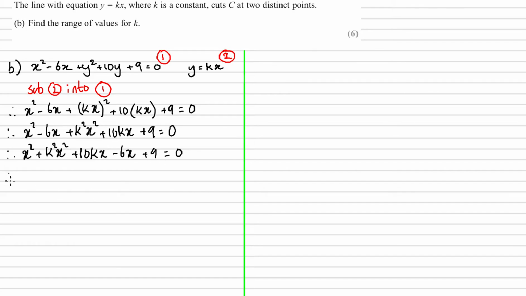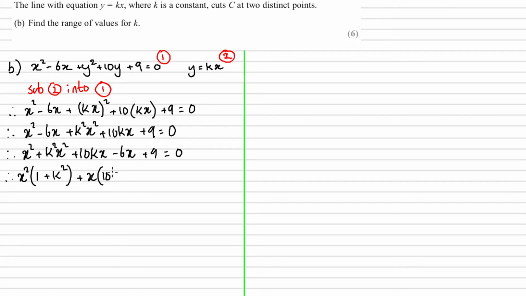Just to help see what the coefficients a, b, and c are, I'm going to factorize out x squared and factorize out x. So I'm going to factorize out x squared from this first part. x times 1 is x squared, and then x times k squared gives us k squared x squared. Plus, and again, now I'm going to factorize out the x.